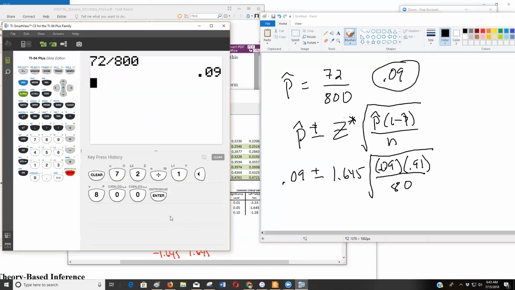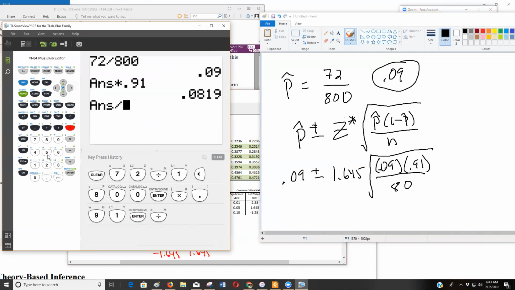Let's see here. Now I'm going to do 0.09 times 0.91. Then we divide that answer by 800. Not 8,000, Dan, 800. Let's see. Now I'm going to take the square root of that.